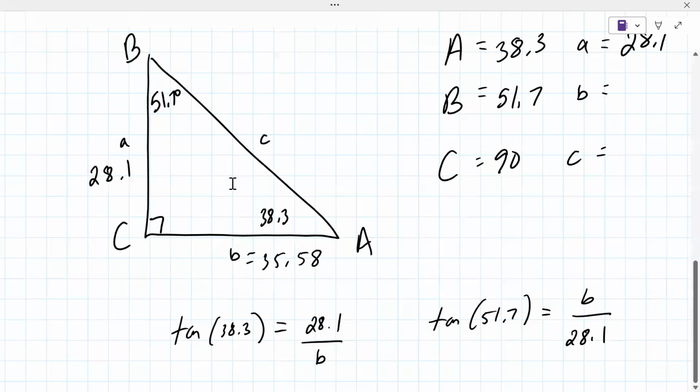So now to get C, you can use Pythagorean theorem, or you can use sine, cosine, or tangent, or SOHCAHTOA, like you're saying. So it's up to you. It doesn't matter to me, but you can use either one now. To find C, you're going to use sine or cosine.